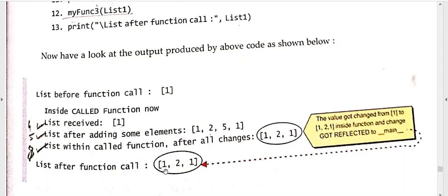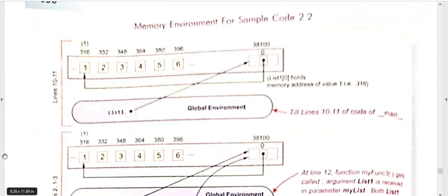Because it is done at that particular location where the value was stored. It is like the changes were done by the library teacher, not by me. You come to me, I send you to the library ma'am, and whatever changes were done were permanent. Okay, so let us see this in the diagram also.